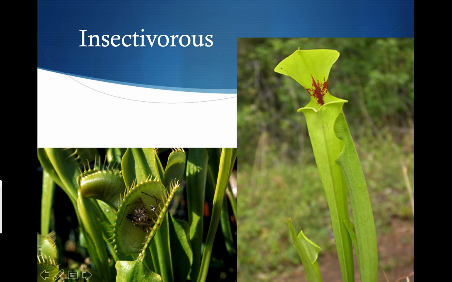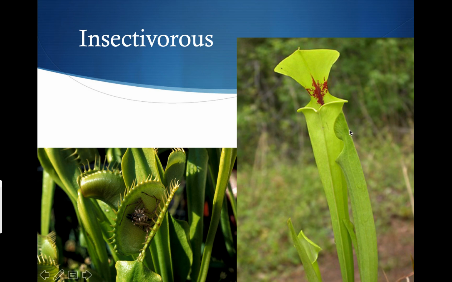A fly might go in, and once the fly touches a little trigger, the flytrap will close, and it will stay closed for a long time, and the needles will kill the insect. It will remain closed until the insect dies, and then it will open up, and that insect will have its nutrients sucked out of it, and the plant will use it to grow.